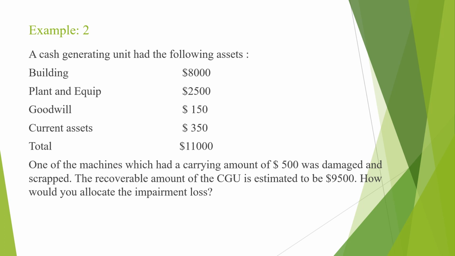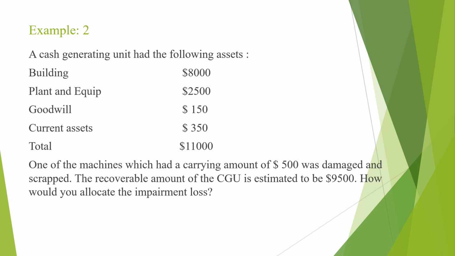How would you allocate the impairment loss? As you can see here, the total carrying amount of all the assets put together is 11,000. In the example, it is given that the recoverable amount of the CGU as a whole is 9,500. But the additional information is that a machine has been damaged and the carrying amount of that machine was 500 and it has been scrapped.